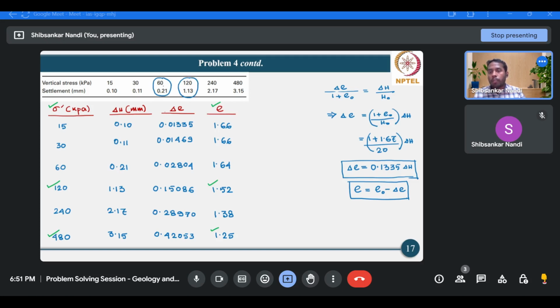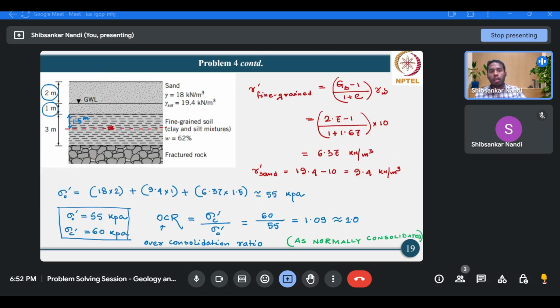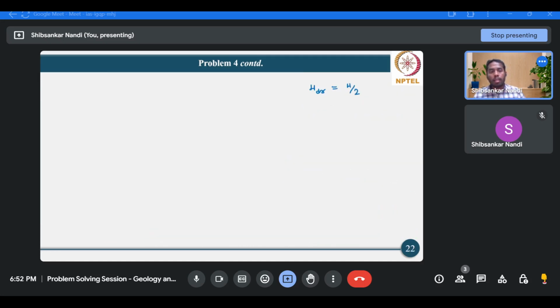Initial in the sense that we are utilizing the data of this stress increment, 60 to 120. So we'll consider these two delta H values to compute the initial and final thickness. So it would be H0 plus Hf by 2.